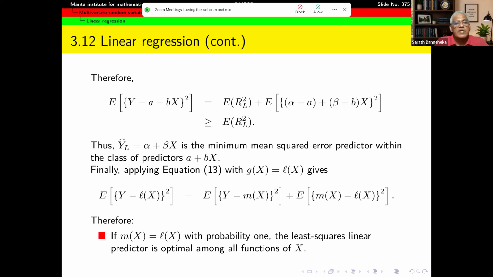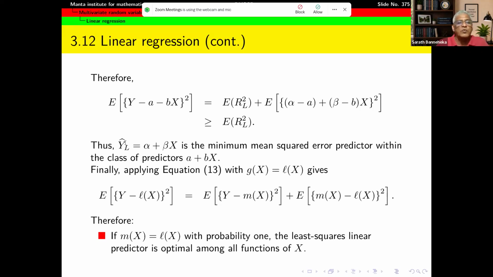Thus y hat L equal to alpha plus beta x is the minimum mean squared error predictor within the class of linear predictors with a and b. So the expected value of (y minus alpha minus beta x) squared is always less than or equal to the squared difference between y and the predictor for any other linear predictor.